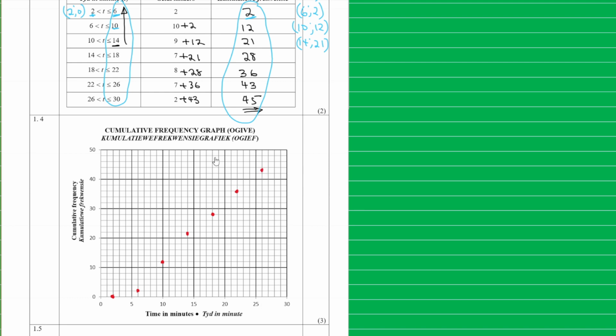And then we have 30, 45, 30 and a 45. So those are the data points, and then we have our curve, so you join those points.